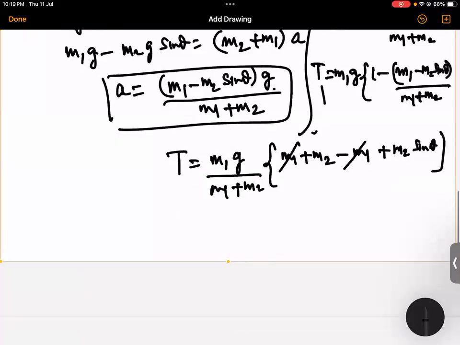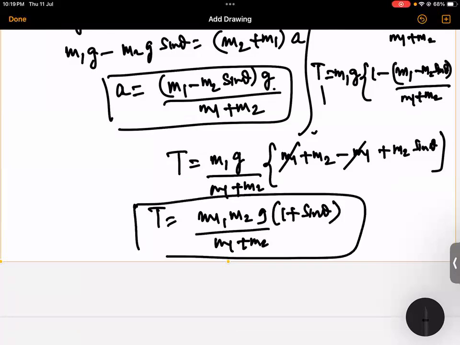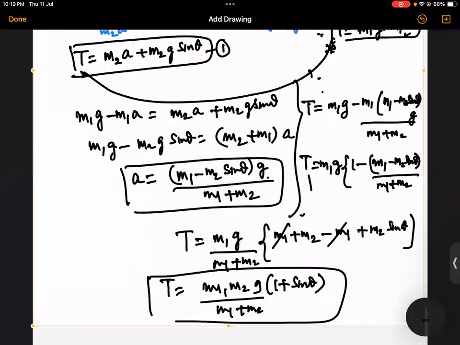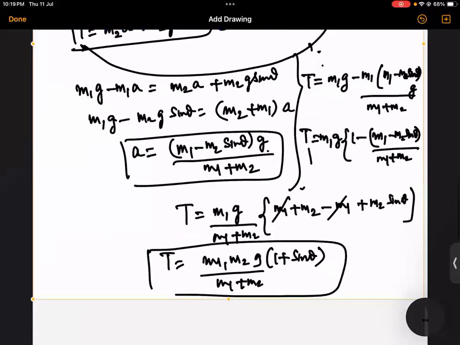So you take M2 common from here. The final answer will be M1 M2 g divided by (M1 plus M2), into (1 plus sin theta). So this is your tension. Everybody please note this down. This is a very, very important sum. T equals M1 M2 g (1 plus sin theta) by (M1 plus M2).